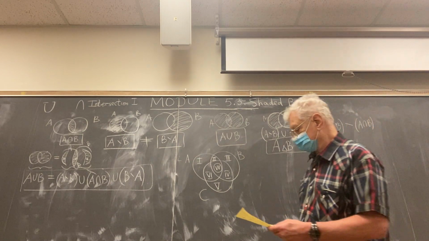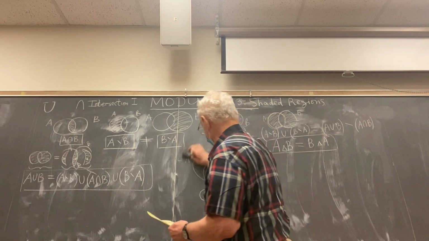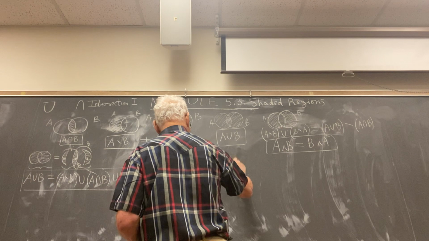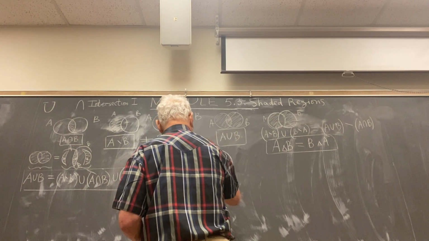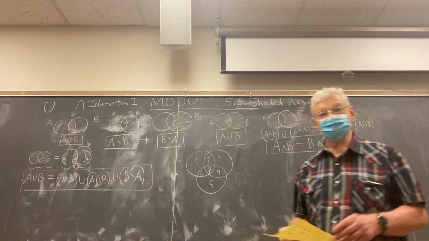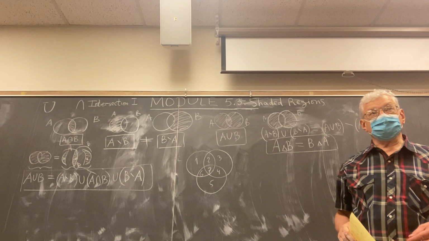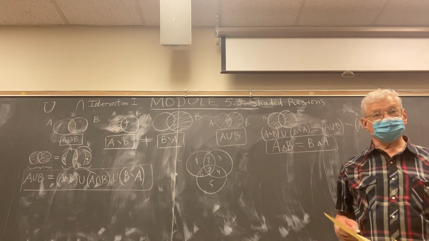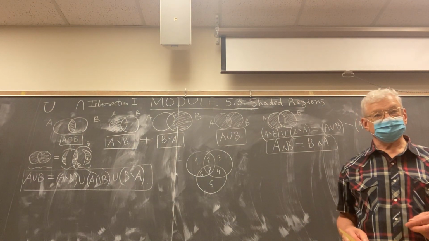Let me redraw it: 1, 2, 3, 4, 5, 6, 7. The question is, if I shade one of those regions, how to describe every single region separately?